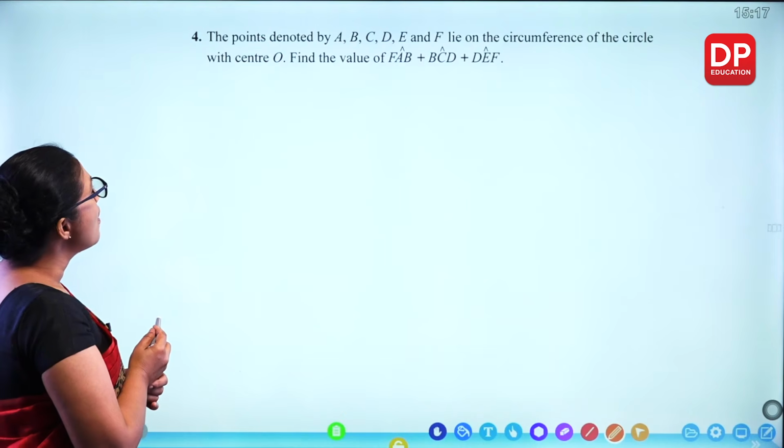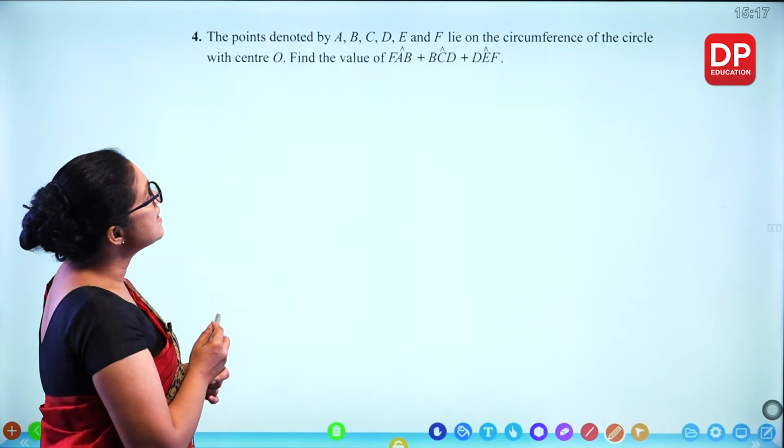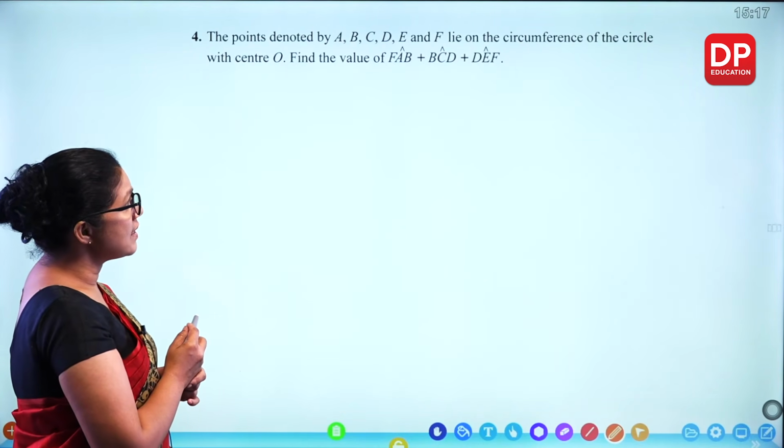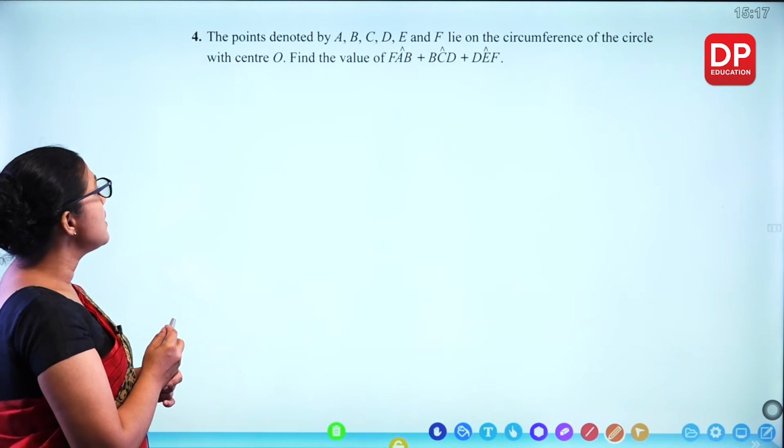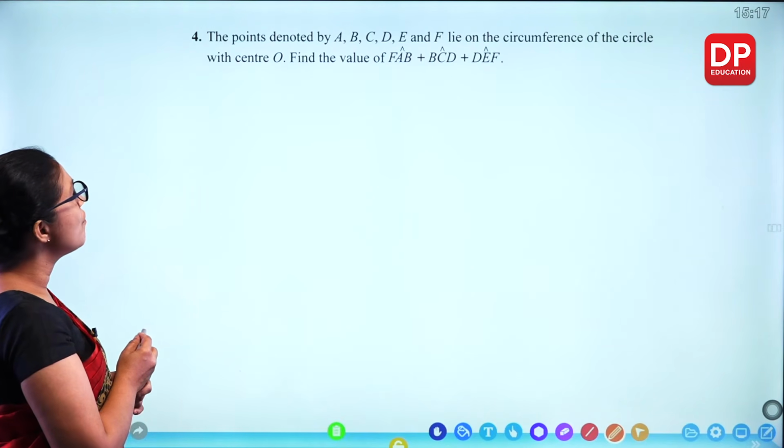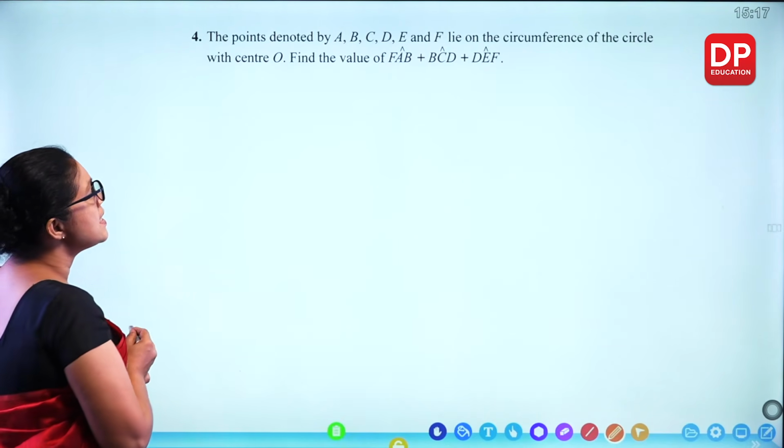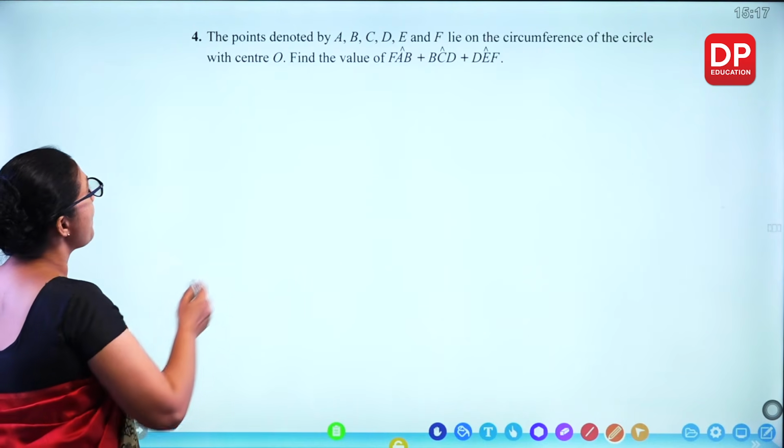Question number 4. The points denoted by A, B, C, D, E and F lie on the circumference of the circle with center O. Find the value of FAB plus BCD plus DEF.